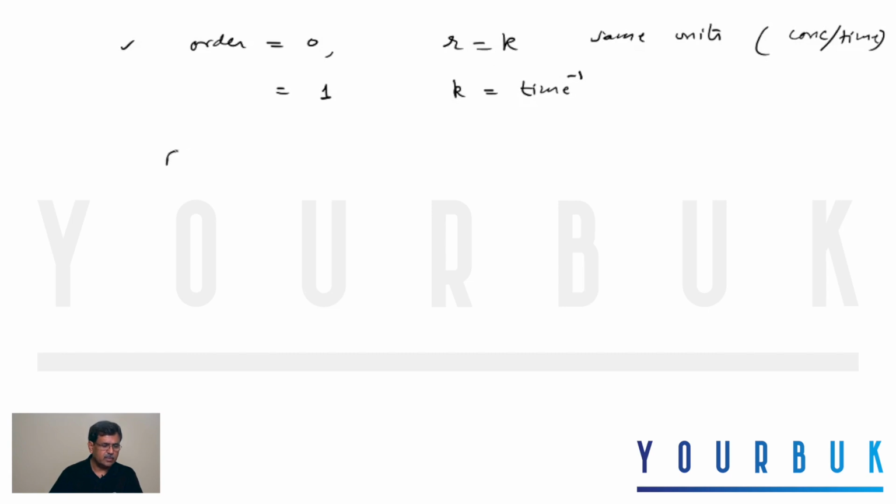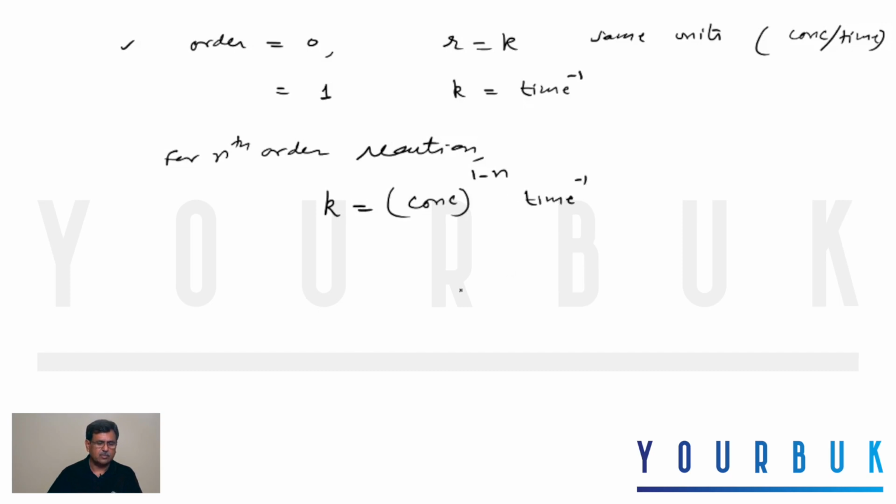And in general, for the nth order reaction, the rate constant will have units of concentration raised to power 1 minus n, where n is the overall order, times time inverse. So if we know the order of a reaction, we can derive the units for K, and if we know the units of K, we can calculate the overall order of the reaction.